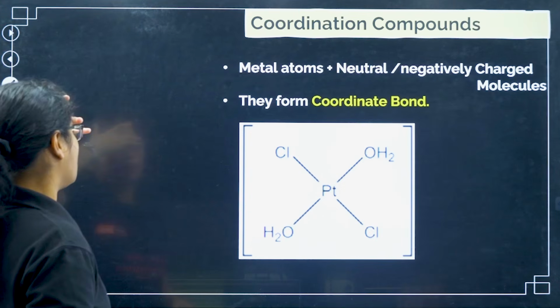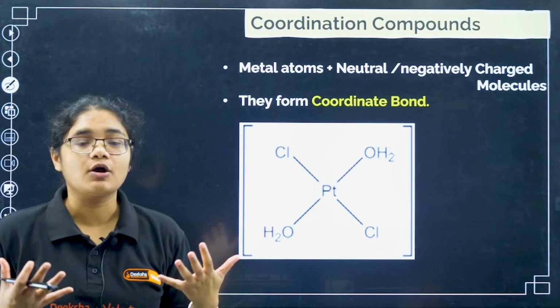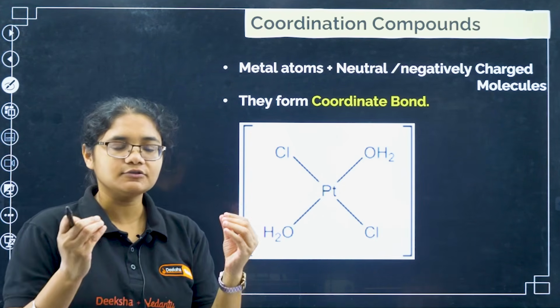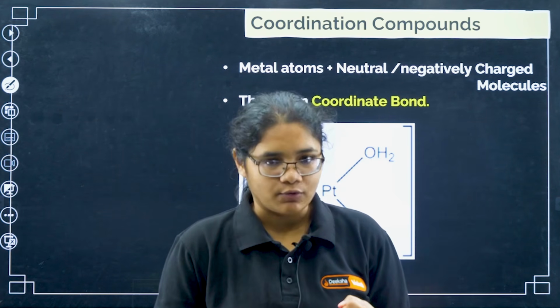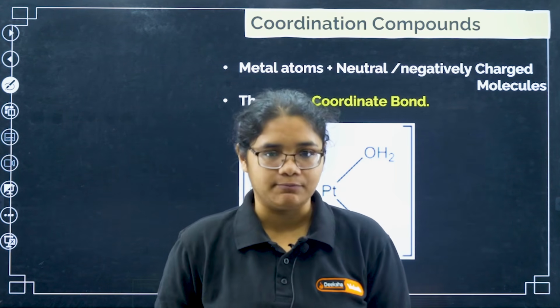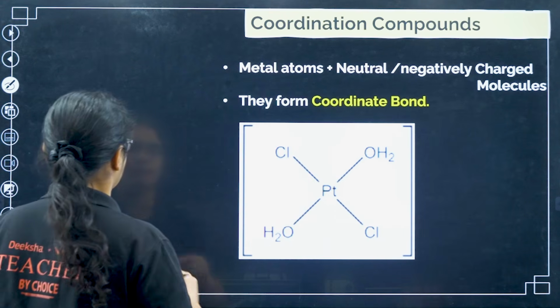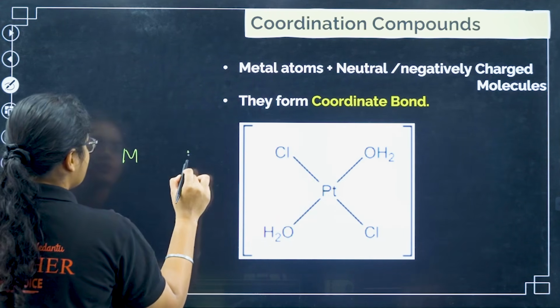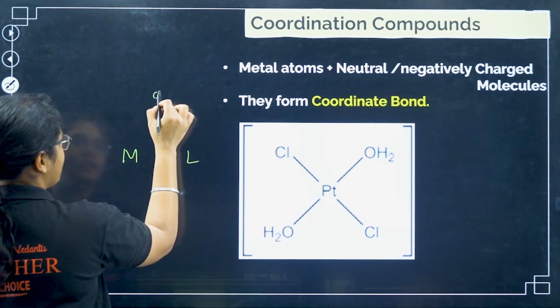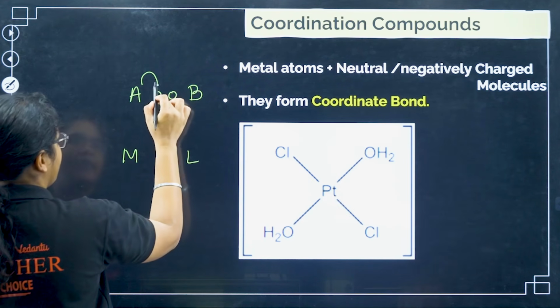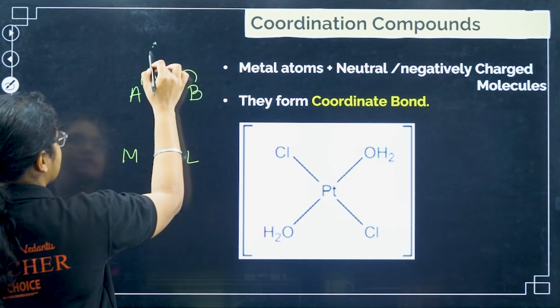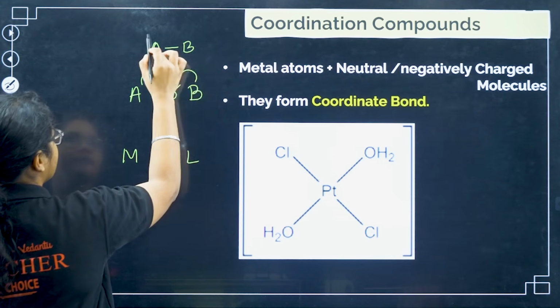First let's talk about what a coordination compound is. We have 3 types of bond: ionic bond, covalent bond, and coordinate bond. What do you mean by a coordinate bond? Every bond has 2 electrons, right? If A and B are forming one bond, A donates 1 electron, B donates 1 electron, and then we get an A-B bond.